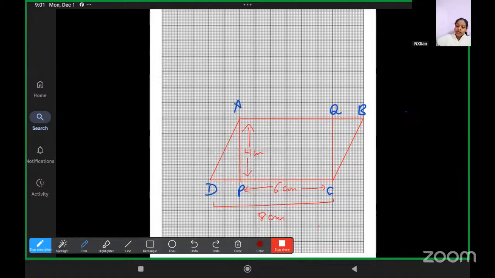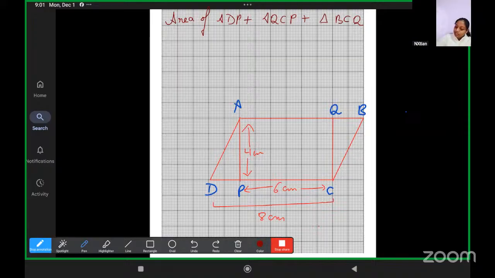So the area of parallelogram becomes area of ADP plus AQCP plus triangle BCQ. First we'll calculate area of triangle ADP.